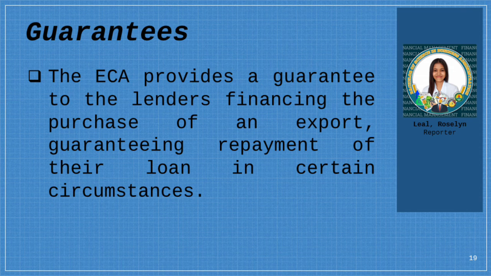This guarantee lowers the risk of transaction and allows lenders to enter into financing which might otherwise not be possible due to credit or jurisdictional issues. Alternatively, the ECA may guarantee a loan made to an exporter in order to facilitate exports.